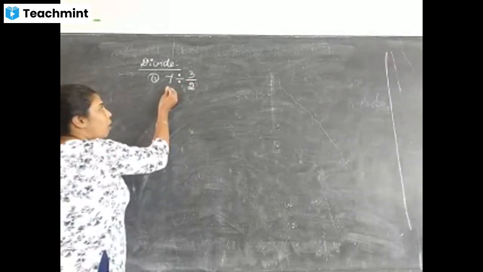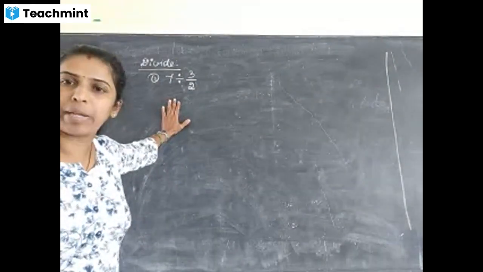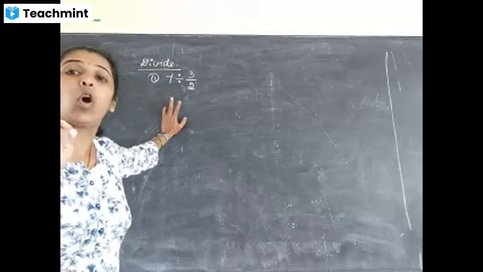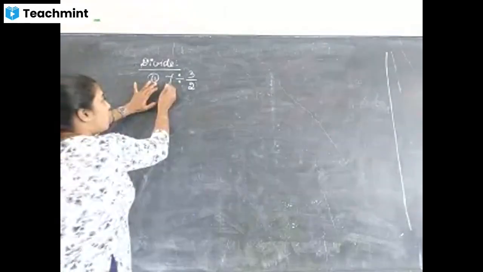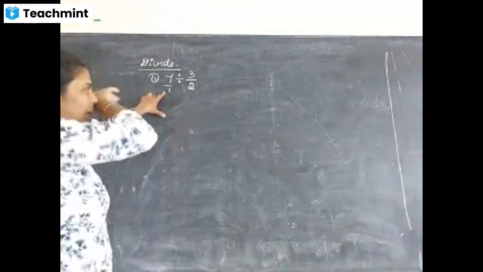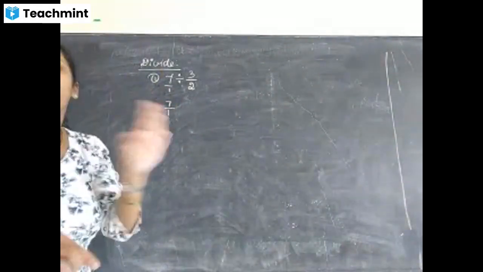Okay, now always remember one thing. If the denominator contains nothing, always divided by 1 will be there. Whether they give it or not, it is always there. If you're confused, you write it. If not confused, you don't need to write. 7 by 1. In division, the first part will not change.